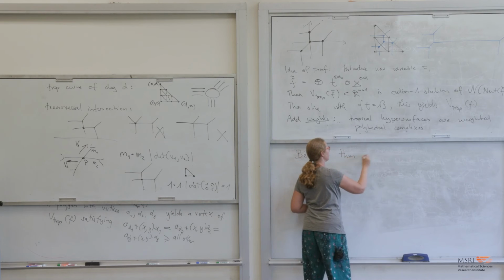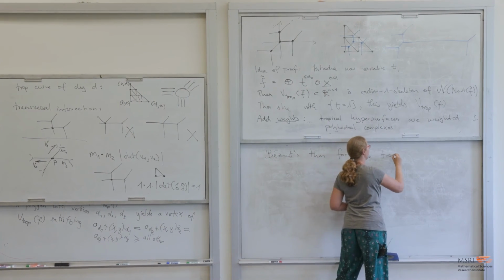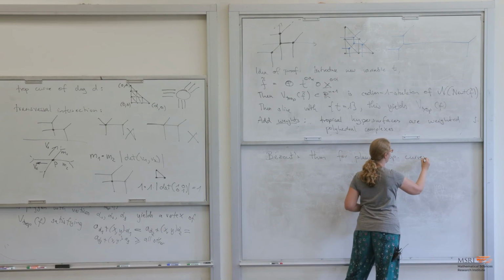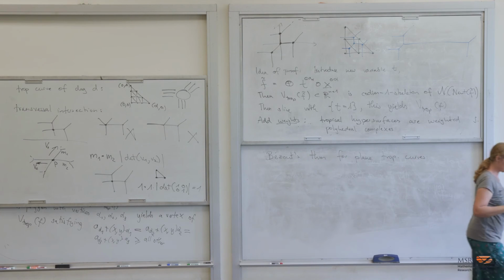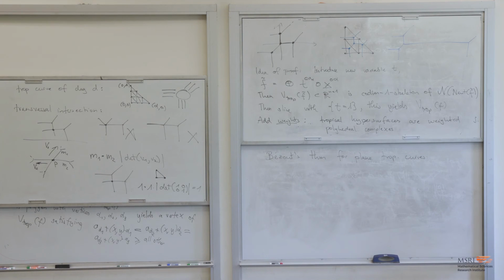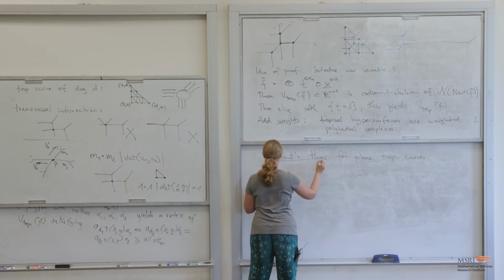Bézout's theorem for plane tropical curves. And just as a hint, this also holds in more generality, so for tropical hypersurfaces of complementary dimensions. But let me state it right now only for plane tropical curves.